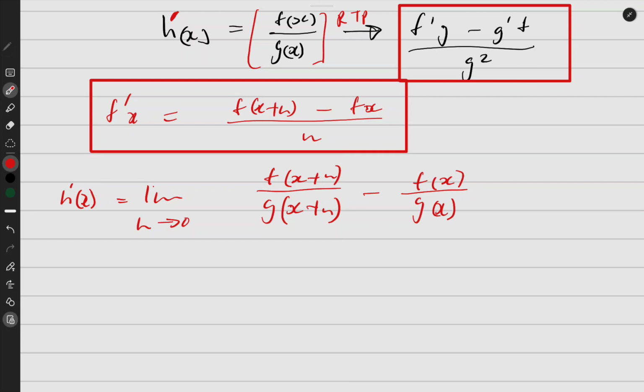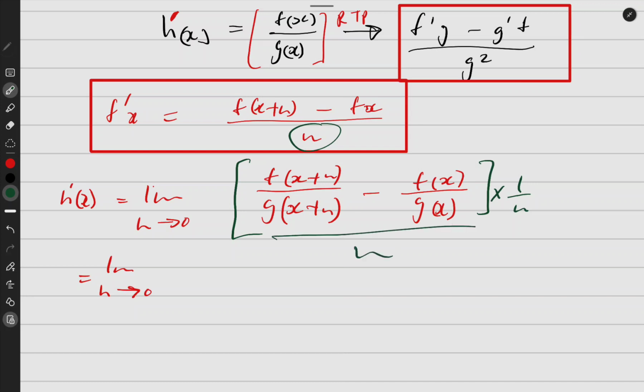I haven't done anything clever, I've just used the first principle. I missed the h at first, so I have it now here. Putting it on the side is the same as putting it in the bottom, so I hope you're convinced it's the same thing. Then we can move forward.